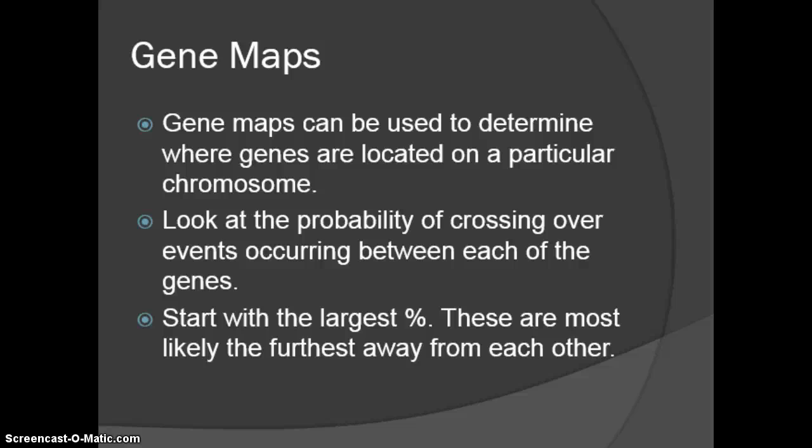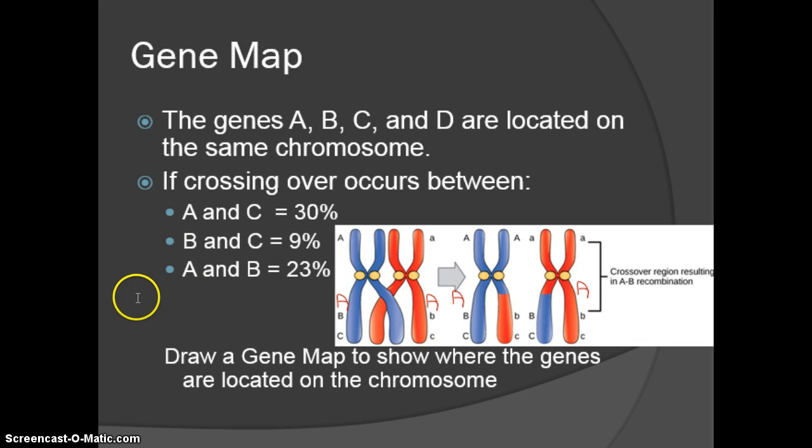So what we're going to do is look at some different numbers here. For the gene maps, we have the genes A, B, C, and D, and they're located on the same chromosome. If crossing over occurs between each of these, how could we draw a gene map to show where those genes might be located?